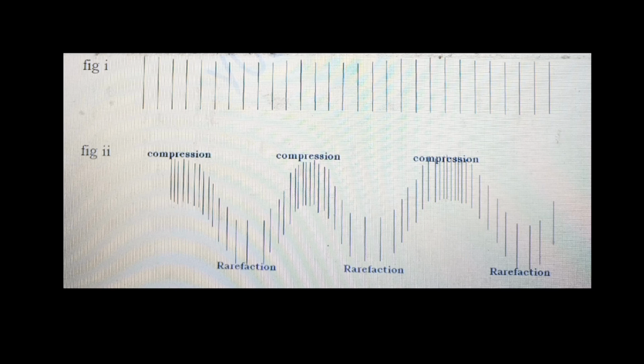In Fig 2, we notice regions of clustered particles and regions of relaxed particles. The region of clustered particles is called the compression zone or the compression region, while the region of relaxed particles is called the rarefaction region.